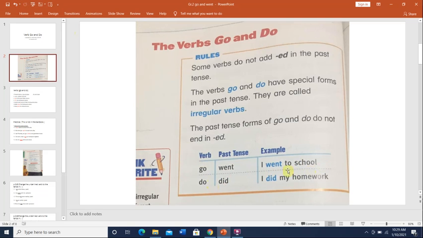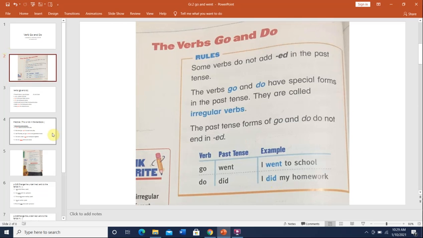Went here shows that the action already happened. And did: I did my homework. So do changes to did in the past tense. Now we know these sentences are in the past tense because went and did are the verbs go and do in the past tense.